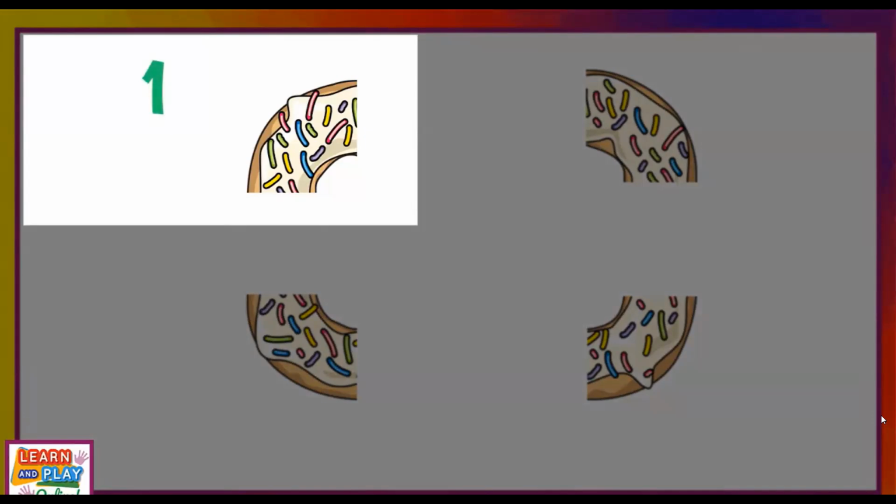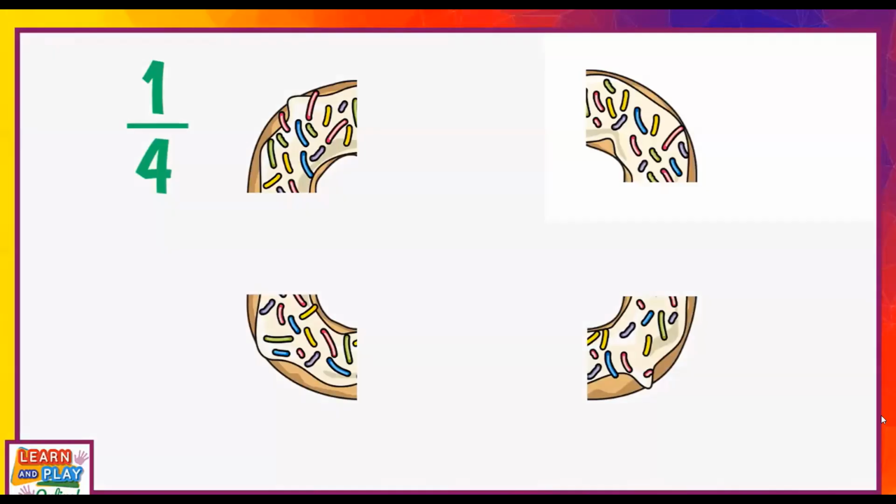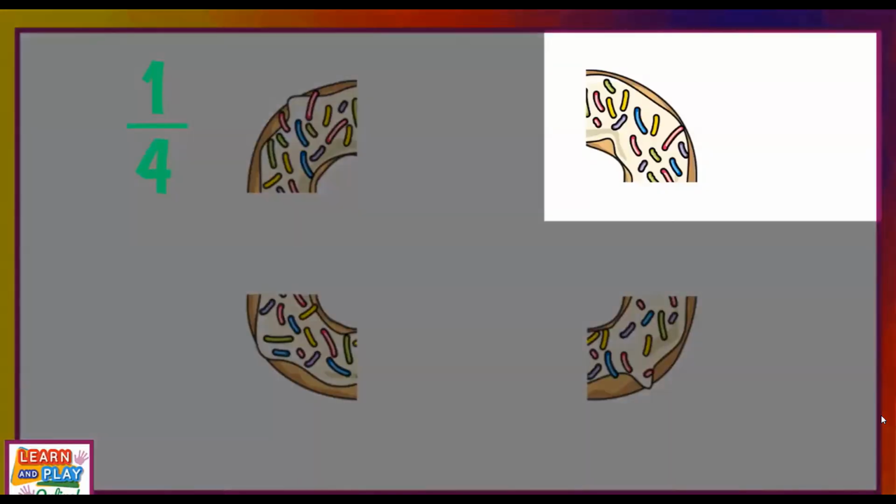But altogether there were 4 pieces, which is why the denominator is 4. That is the same for this piece as well. This is one piece of the donut, which is why the numerator is 1. But there are 4 pieces altogether, which is why the denominator is 4.